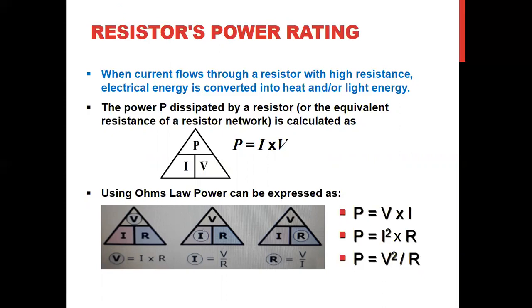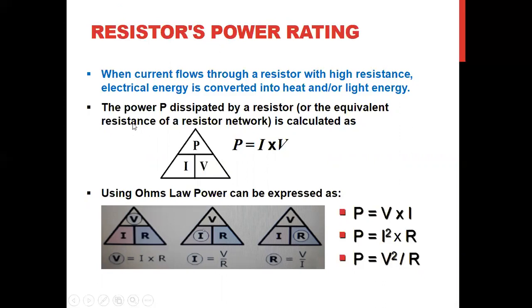So its resistivity is very high, which means it resists the flow of current through it. Due to this friction, the light bulb gives out light, and at the same time, heat.